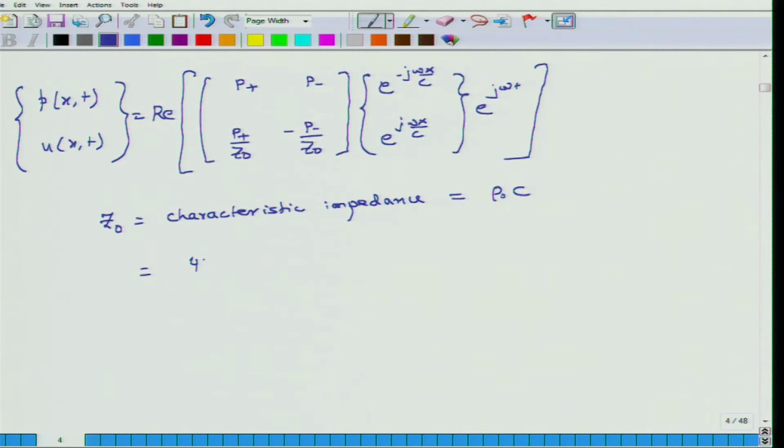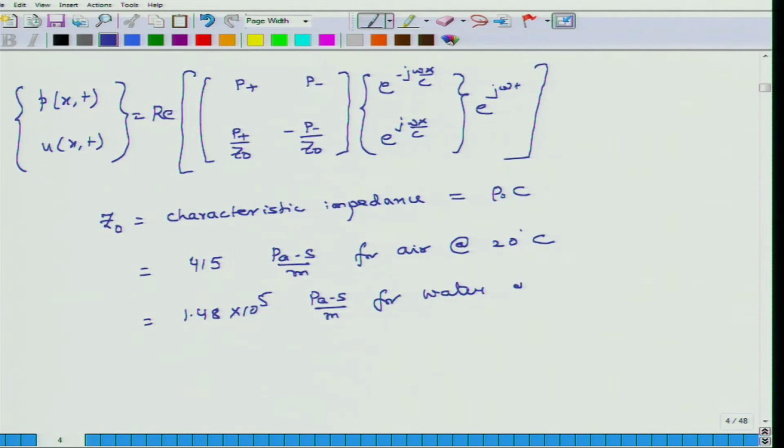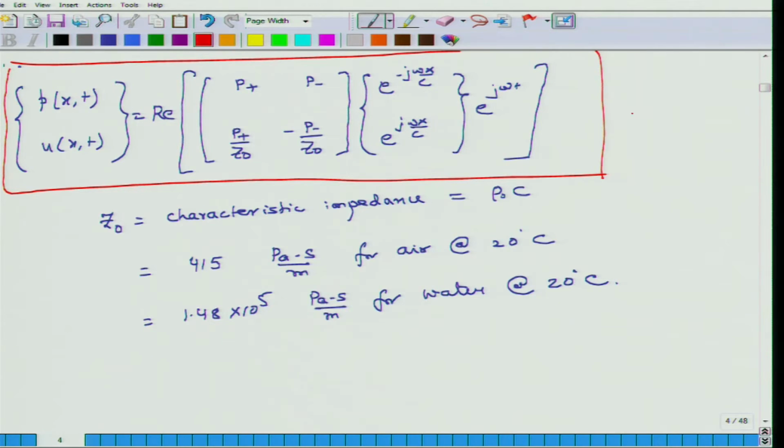The value of this is 415 Pascal second per meter for air at 20 degrees C, and it is equal to 1.48 times 10 to the power of 5 Pascal second per meter for water at 20 degrees C. So these are my final forms of the transmission line equations for P of x and t and U of x and t.